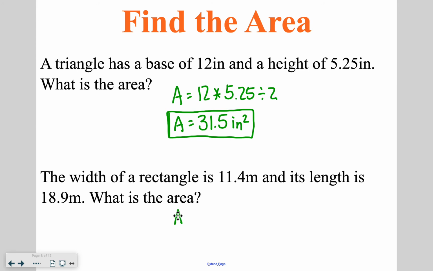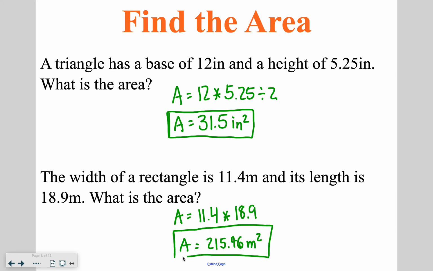For the area of our rectangle, we take our base or our length and our width and our height, so whichever form you are given, and we multiply those values, which when we do that, we are going to get an answer in this case of 215.46, and then we have meters squared, because once again, it is talking about how many meter by meter squares you can fit inside that rectangle.